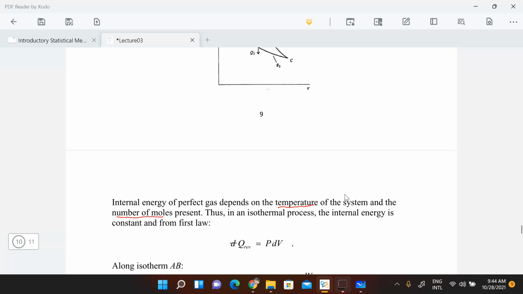Then if you remember, you have this first law. It's the work. Then since we are asserting that your internal energy only depends on temperature, then for an isothermal process, so where is the isothermal process over here?